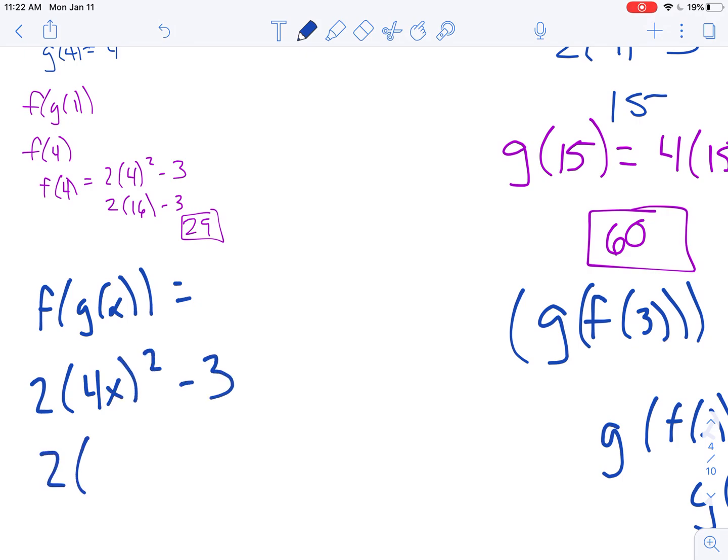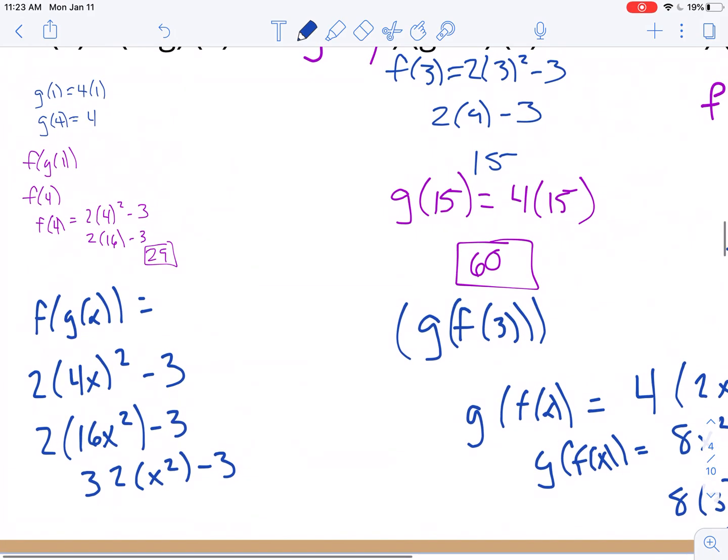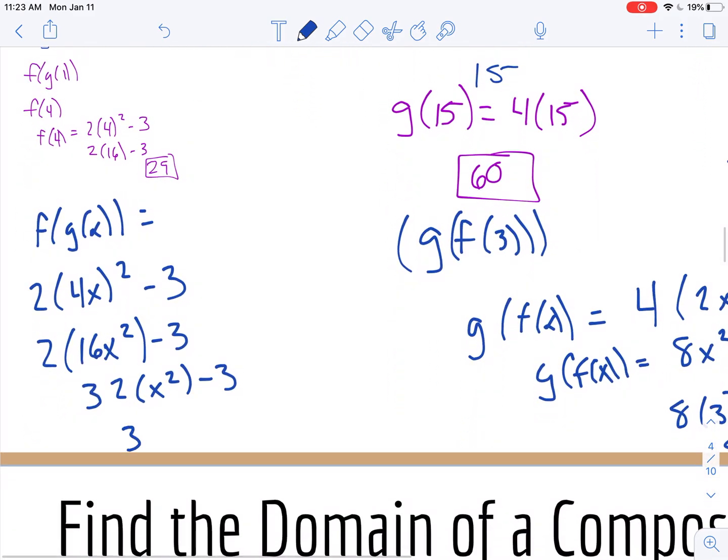So that's 2 times 16x squared minus 3. This is 32 times x squared minus 3. My x squared here is just 1. So that's 32 times 1 squared minus 3. 32 minus 3, and would you look at that? That's 29.